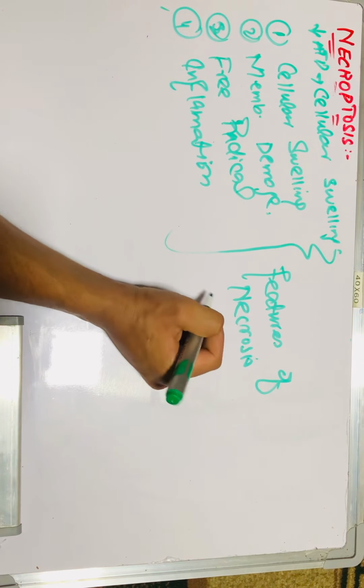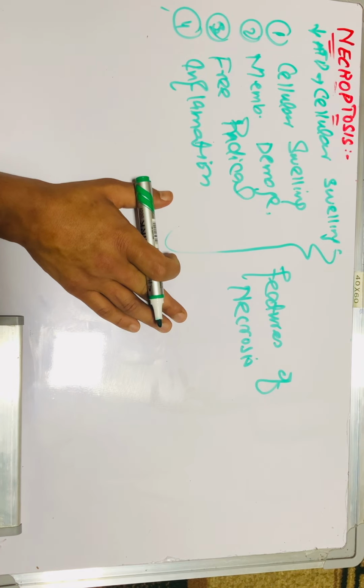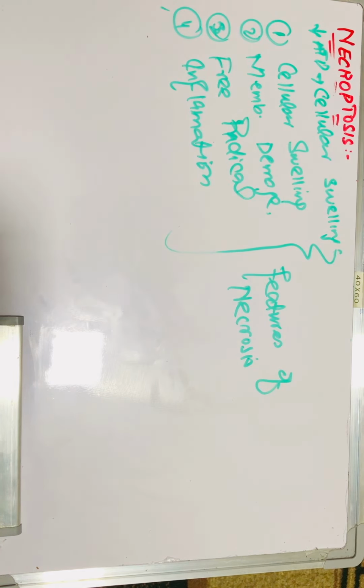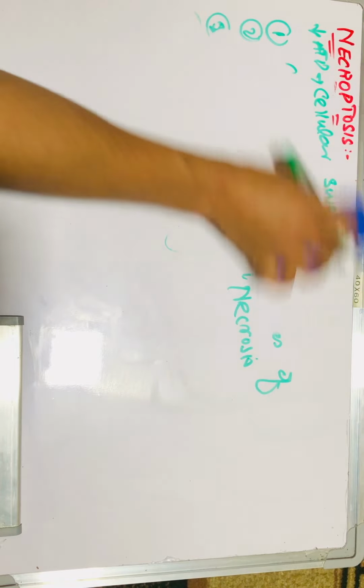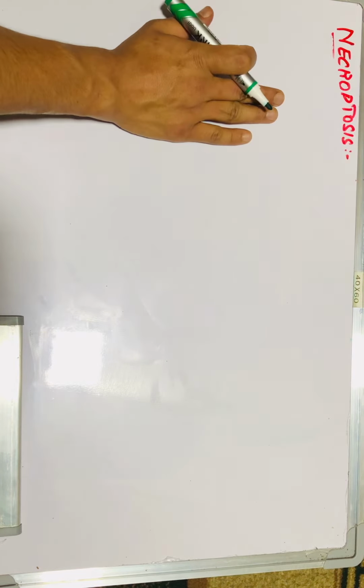So the cell death starts from apoptosis, from tumor necrosis factor, and it ends as necrosis. That is why it is called necroptosis, because it involves both necrosis as well as apoptosis.